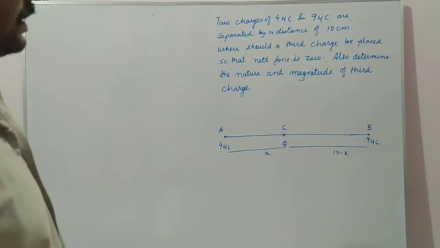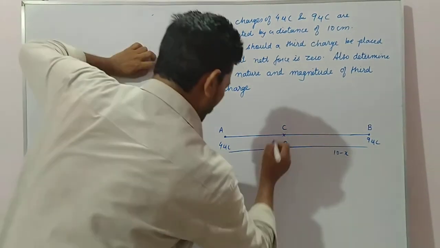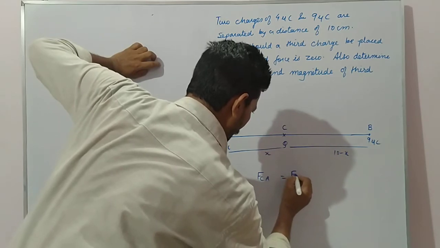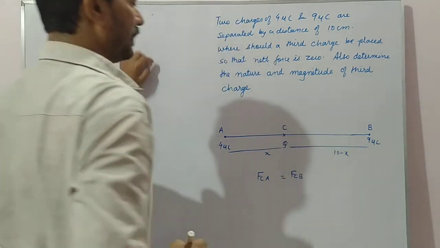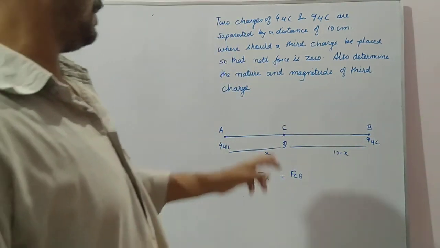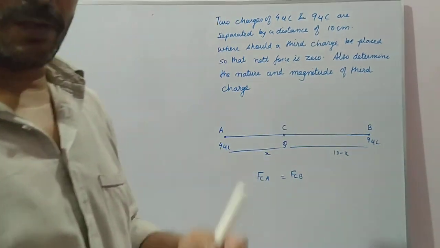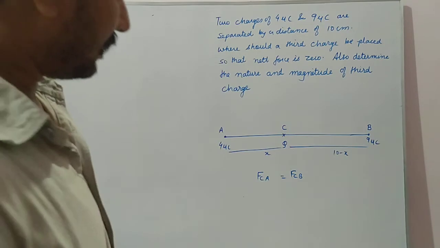Now as the net force is 0, force acting on C due to A should be equal to force acting on C due to B. Whatever force is acting on C due to A, that should be equal to force acting on C due to B. Then only they will be equal and net force will be 0.